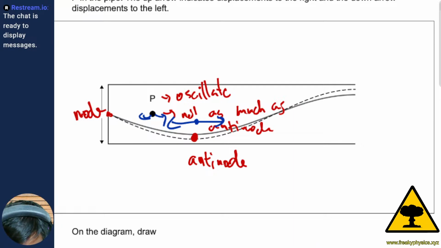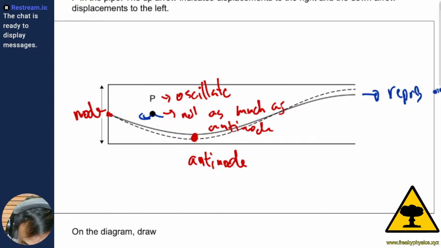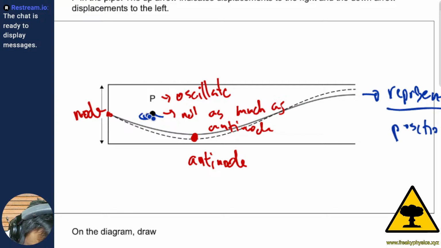The second thing is that, actually, I think there's a bit of missing info here. Anyway, part 1 can easily be answered because this line represents position. It simply means that here it goes that much.